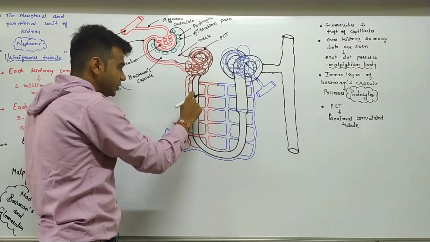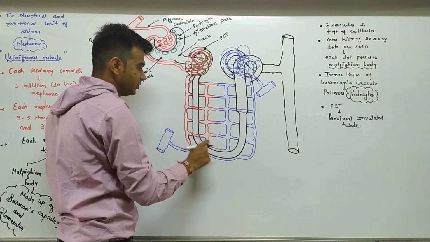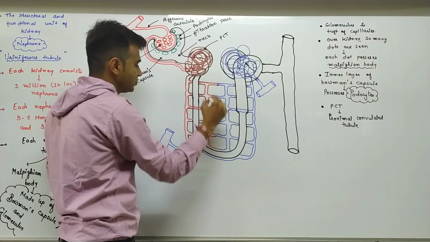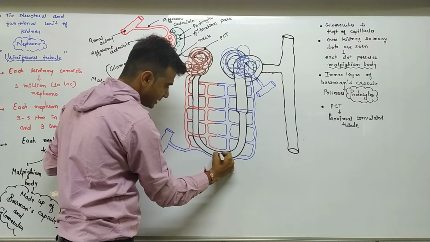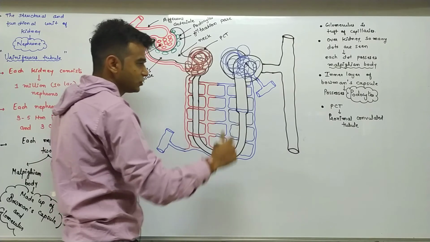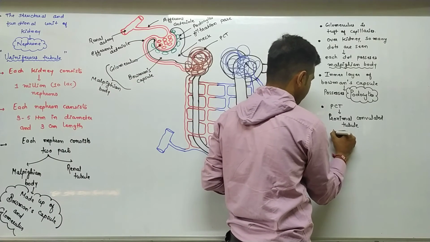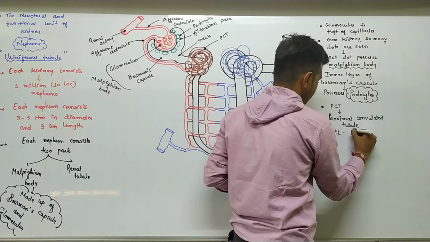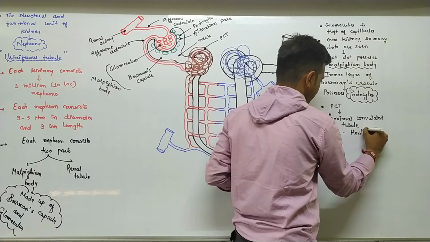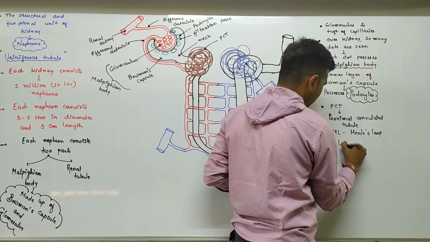Here the U-shaped region is known as HL. The whole region is known as HL, that is Henle's loop, or you can say loop of Henle.